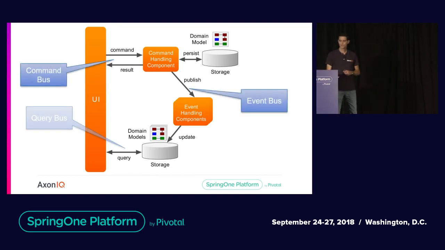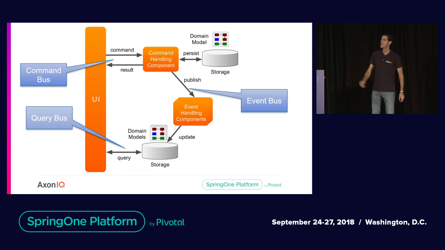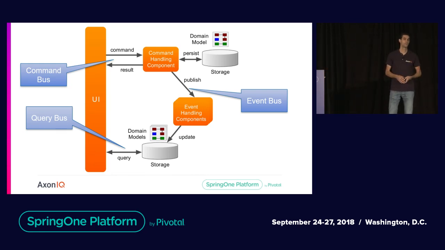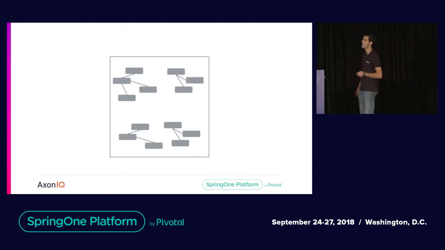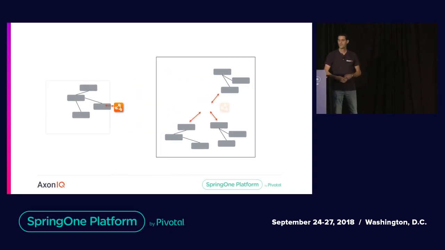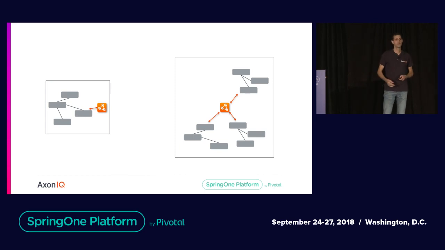And in Axon, there's 3 places where that location transparency is sort of safeguarded, right? It's because of explicit messaging between components. We use the command bus, query bus, and event bus to dispatch the command, query, and event messages between components. That allows us to basically build an Axon-based application, scale it out, and now we need to have something in between.